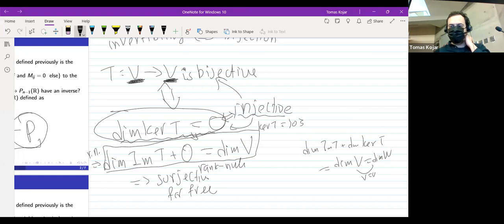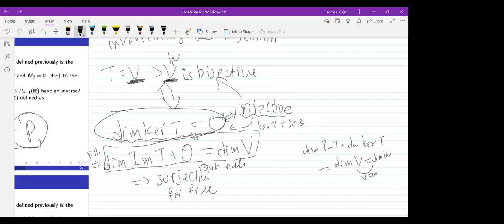So the image of T has dimension equal to the dimension of V itself, right? Yeah, that's what we're proving.